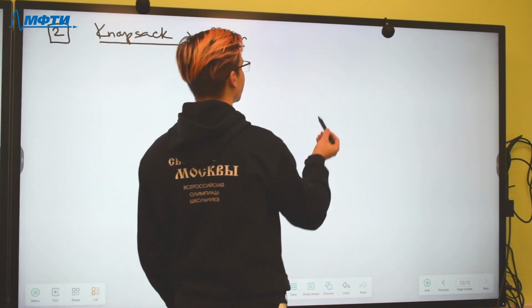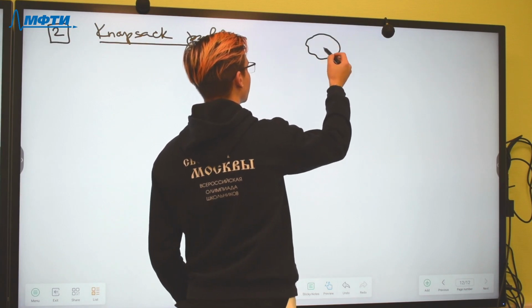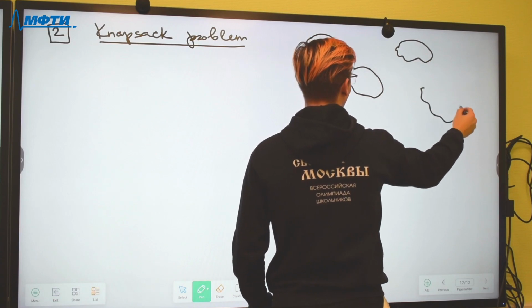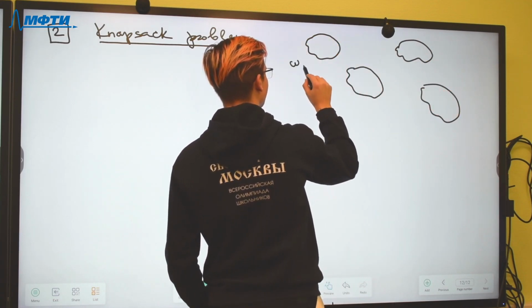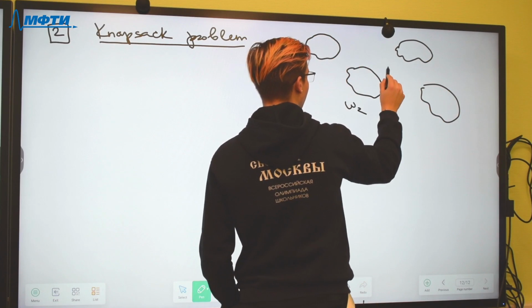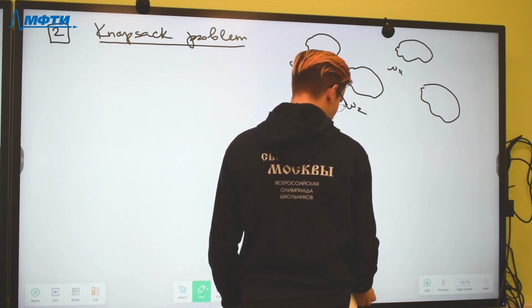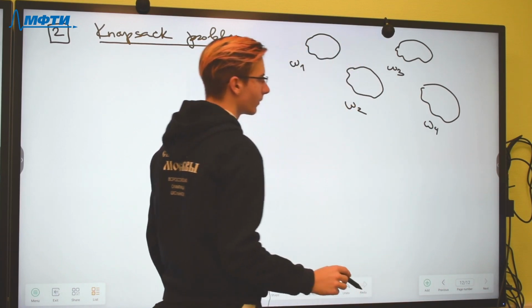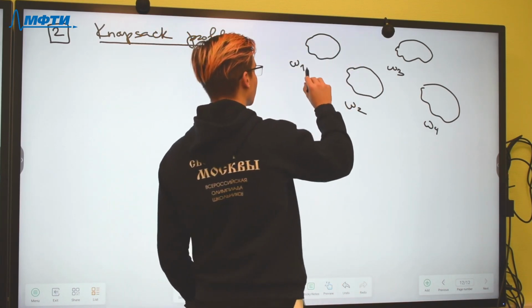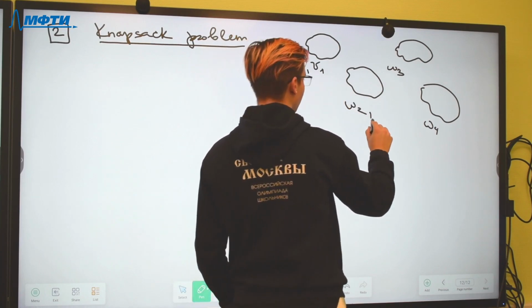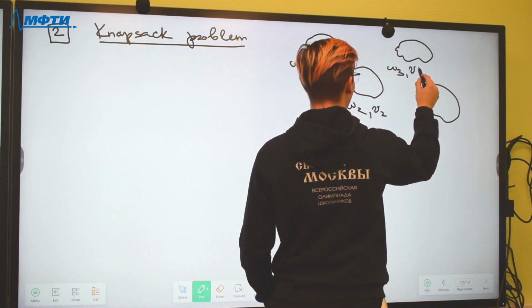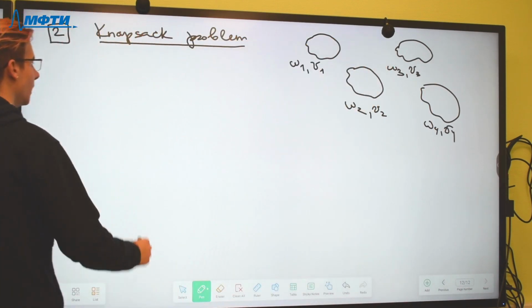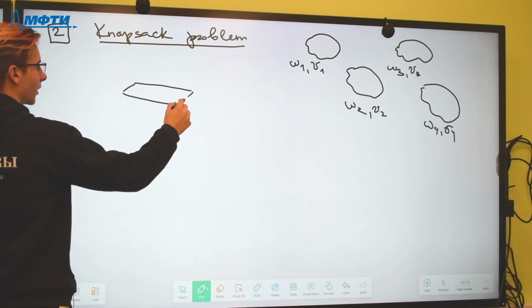For example, if you have some stones with weights and values, and you have a backpack.